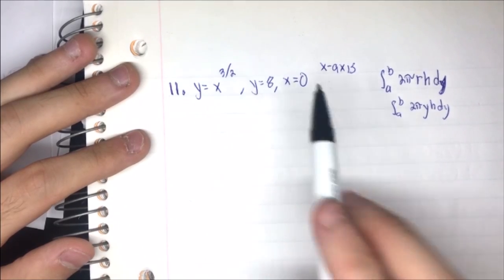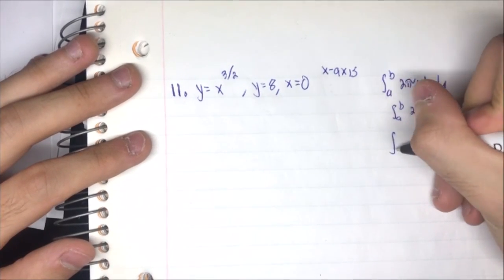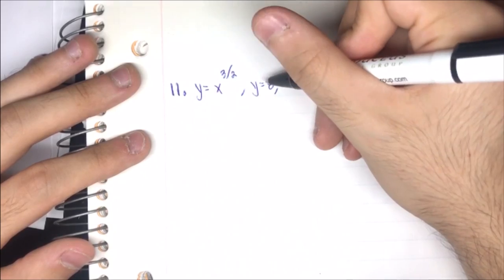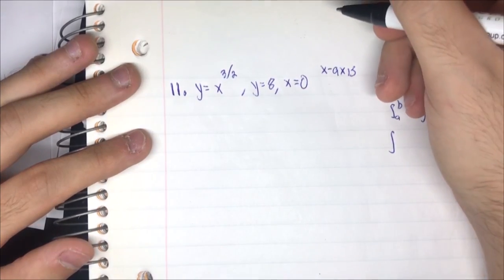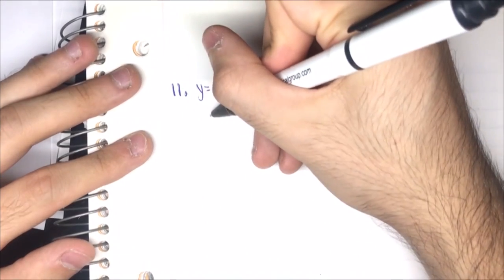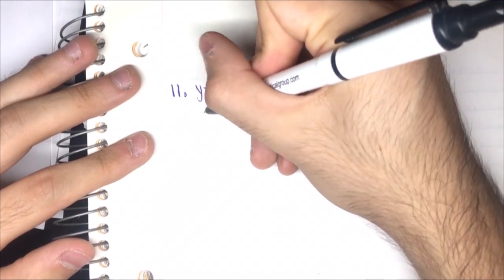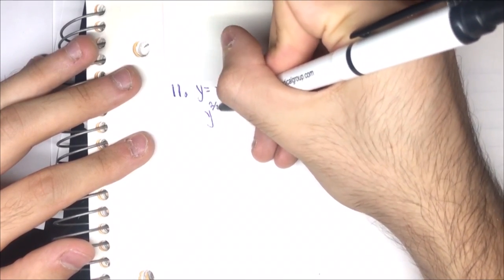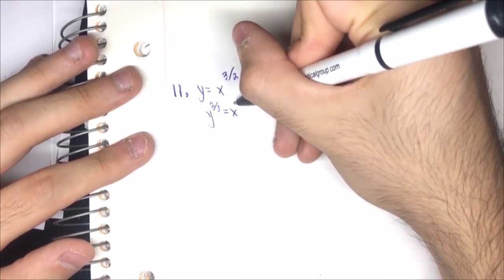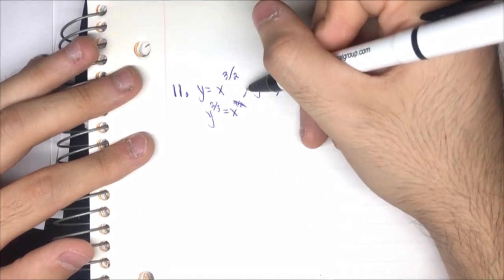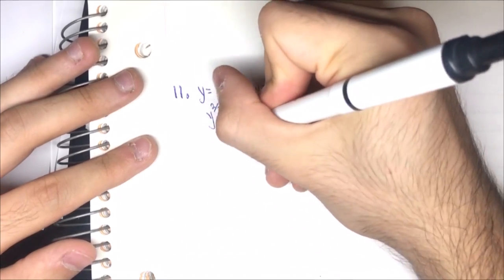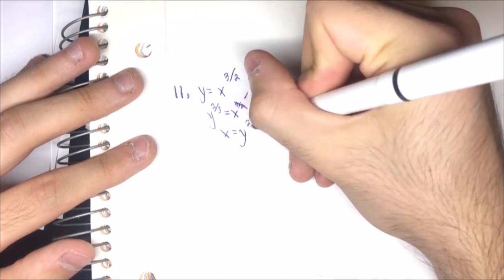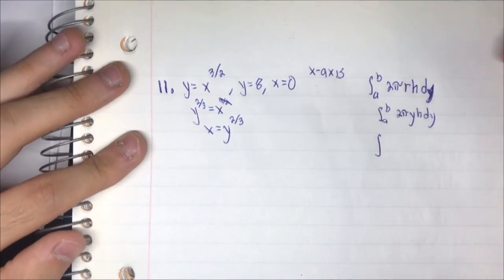So we found the a or the b. One of them is an 8, and then let's see. We're going to have to move that onto this side. So the 3 over 2 cancels out over here. So that means x is equal to y to the 2 over 3.